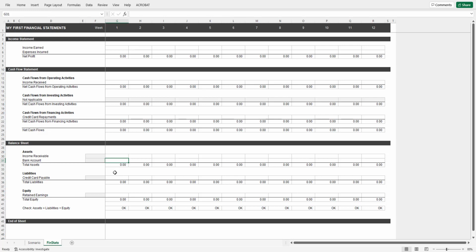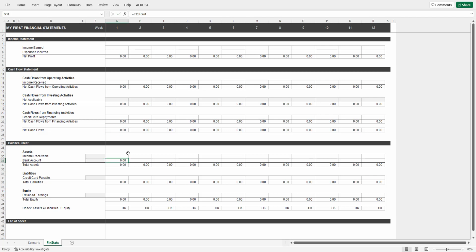So I can build that formula. I can just select this cell, press equals, that's how it works in Excel, and then I will select the prior period balance, which is nothing to start with, and I've just indicated this is a blank cell, that's fine, plus the net cash flow in the current period.